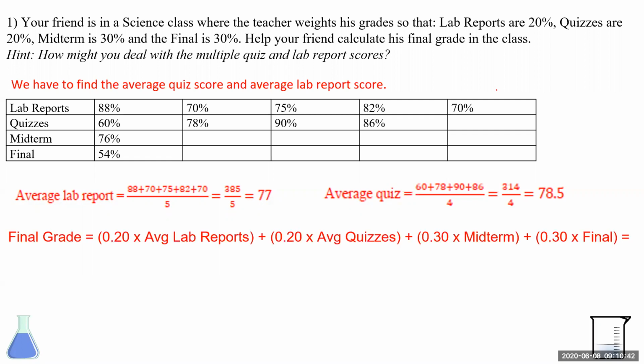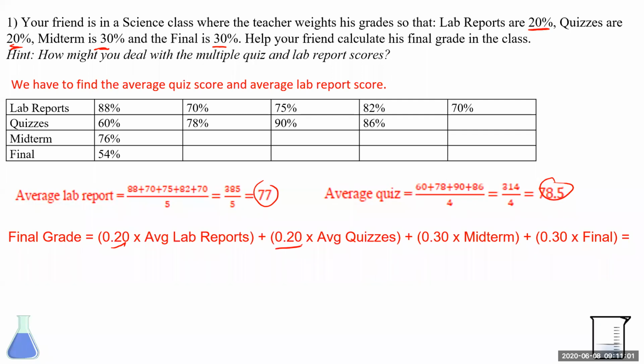And now, because each of these has a different weight, lab is 20%, quiz is 20%, midterm 30%, and final is 30%. You are going to multiply this by the weight and that by the weight.